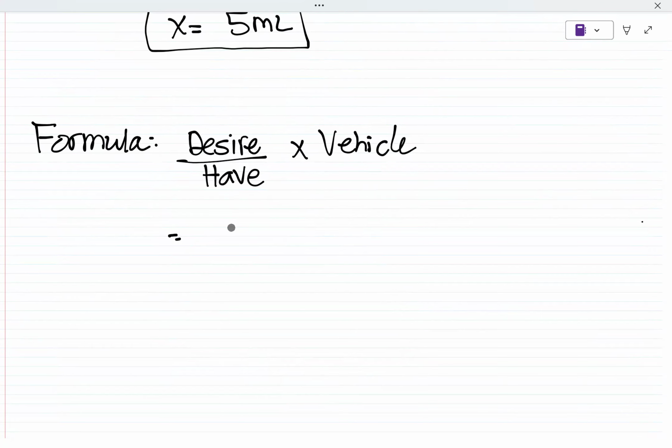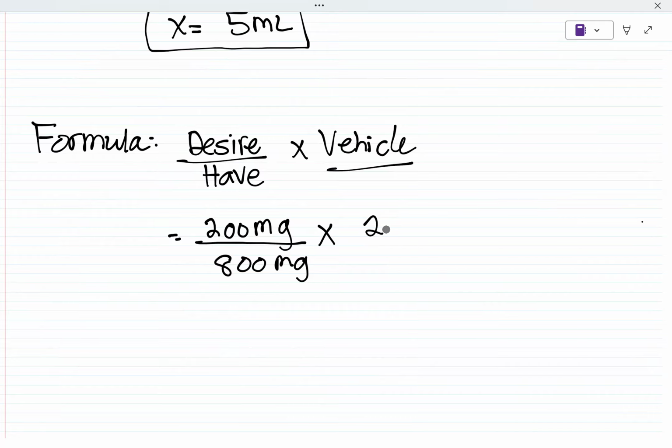Our desire was 200 milligrams, right? And we had 800 milligrams, and the units are the same, so that's good. If they're not, then you have to convert it or it doesn't work. And then our vehicle was 20 milliliters. And when you put it all together, you get 5 milliliters.